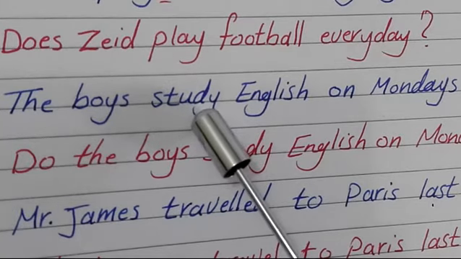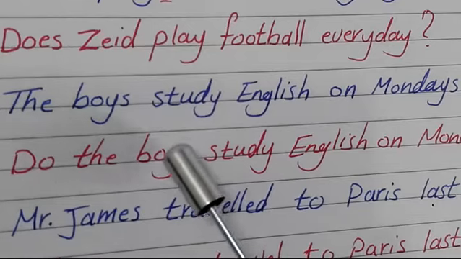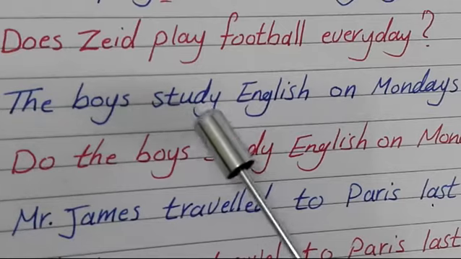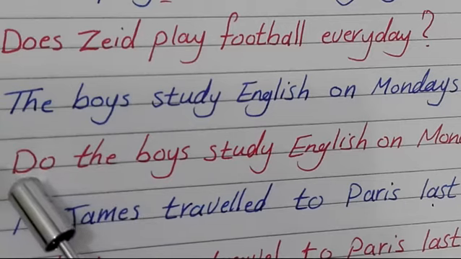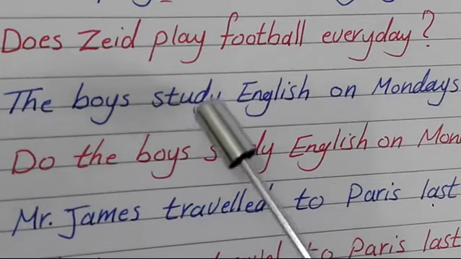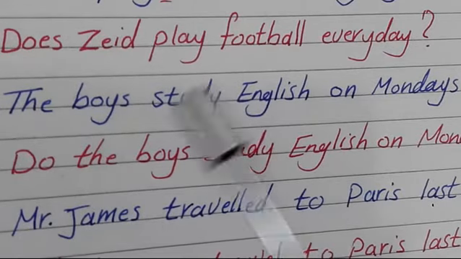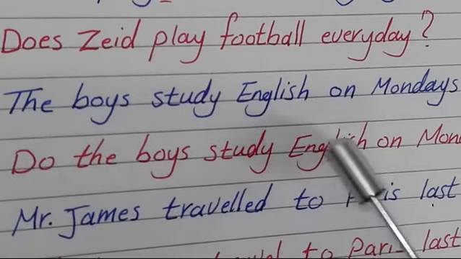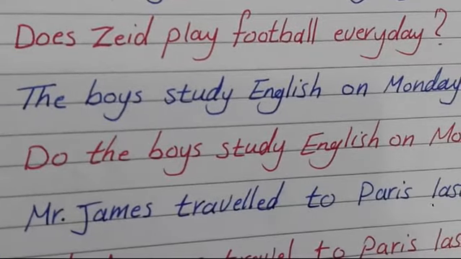The main verb does not contain any reference to any tense other than the present simple. يعني الفعل الرئيسي لا يحتوي على أي دلالة دالة على زمن آخر باستثناء المضارع البسيط. Do the boys, here I used do because this verb does not contain the third person singular s. Do the boys study English on Mondays? And here comes the question mark.